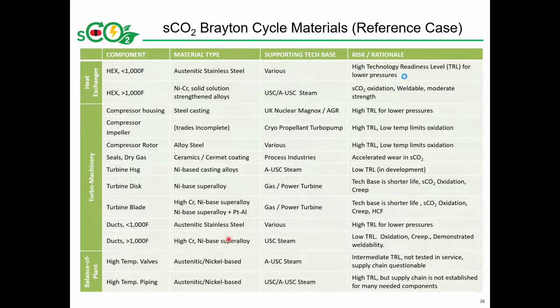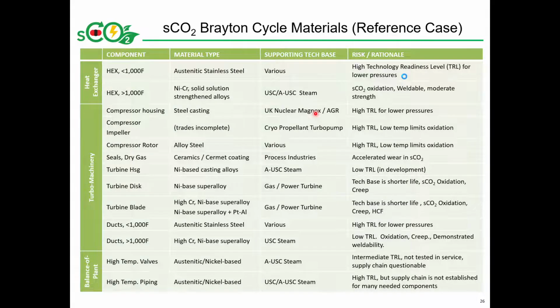If you glance through this table, you can see that for many of the components, material types, if not specific material grades, have been identified, and the supporting technology base comes either from gas turbines or steam turbines or other industries such as the nuclear industry. There is a relatively large supporting technology base there.